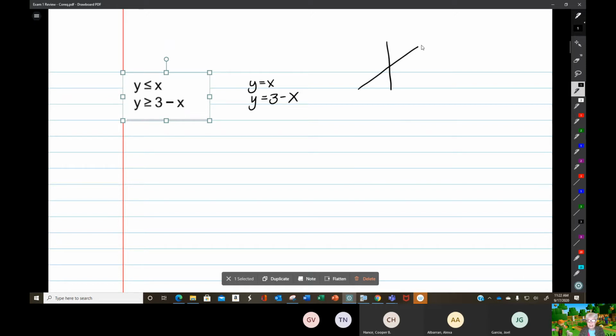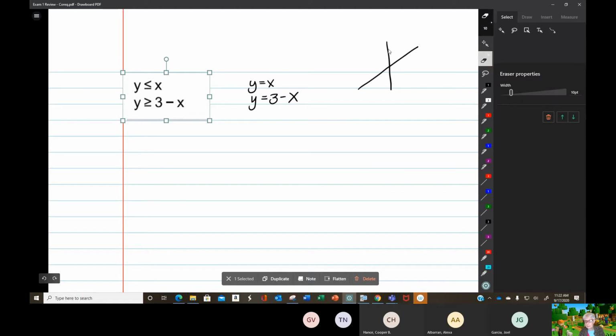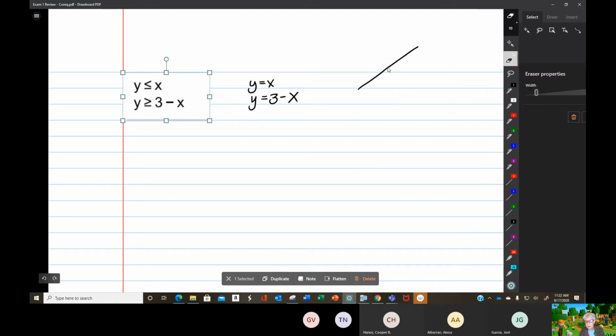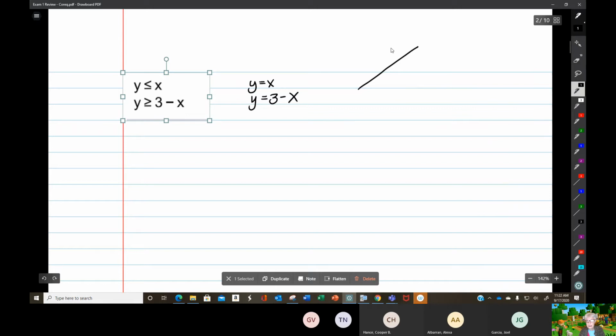Okay, y equals x looks like this, and y equals 3 minus x is not that vertical. So we'll say this. And what we're looking at for the vertex is just that one point.